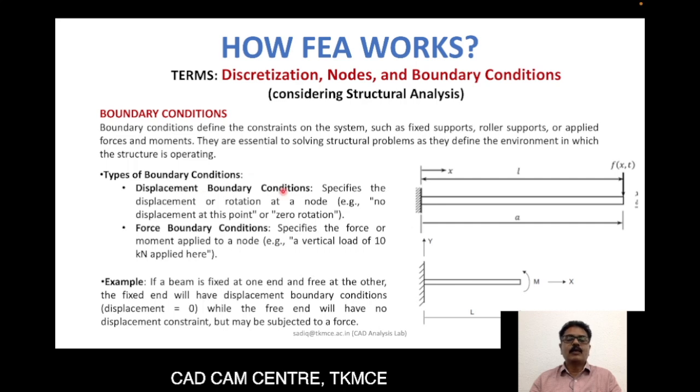One is the displacement boundary condition, which specifies the displacement of a node. Say in the case of this cantilever beam, what is the displacement at the fixed end, and what is the displacement or degree of freedom available for the last node. There are force boundary conditions, where the force or a moment that is applied is defined. So that is a boundary condition.